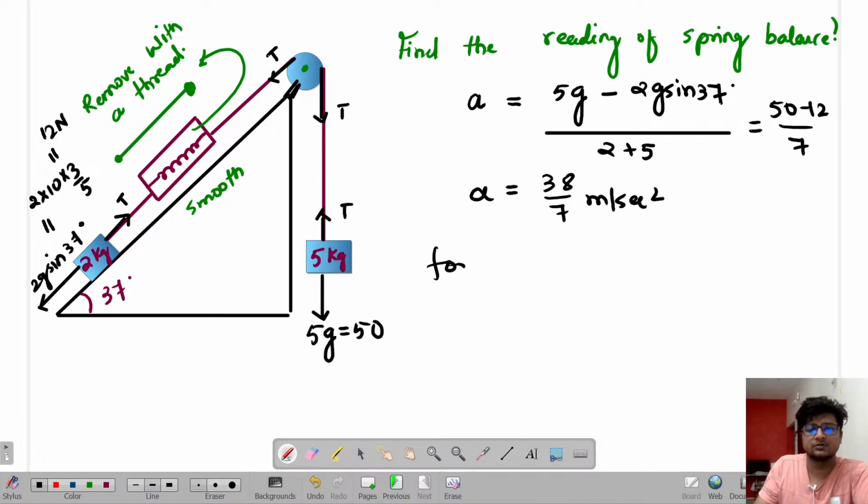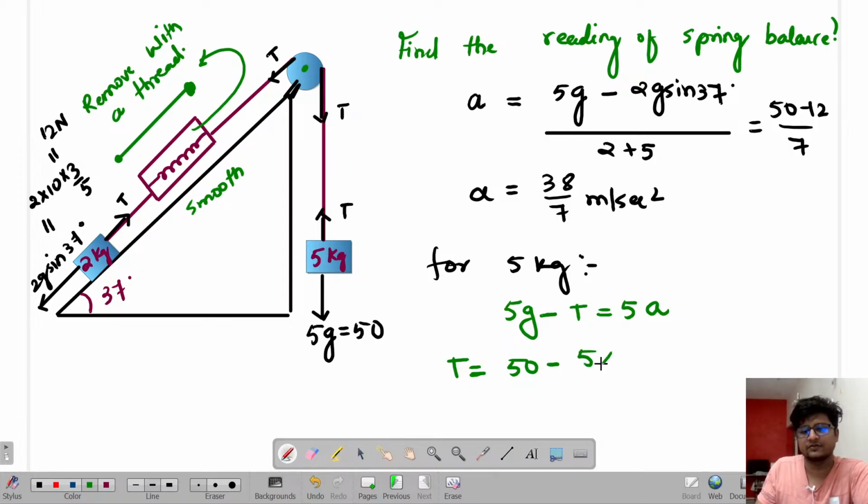Now, let's suppose I apply it for the 5 kg block, simple idea. Pulling force 5g minus opposing force tension T is equal to 5 into acceleration. So T is equal to 50 minus 5 into 38 by 7. That's your net tension. Is that clear or not?